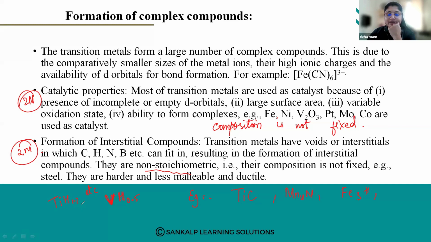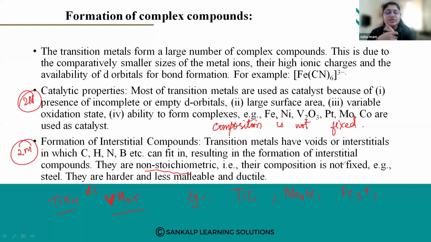So it is 1.7, you can see here. These are the examples of interstitial compounds, where small atoms go into the interspaces and occupy their space.